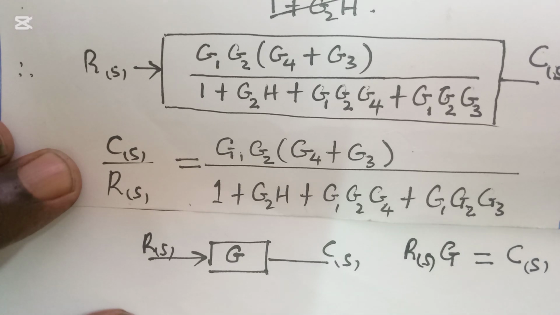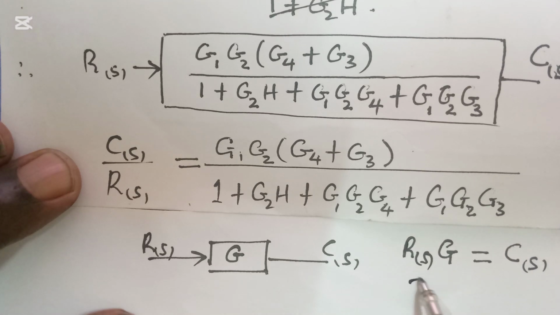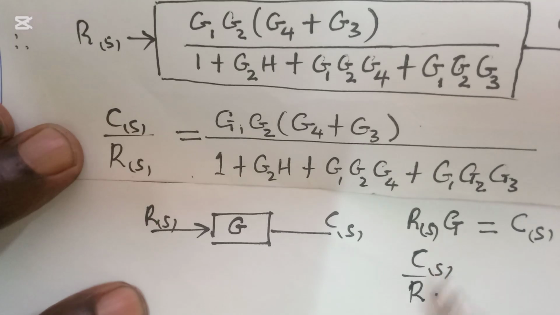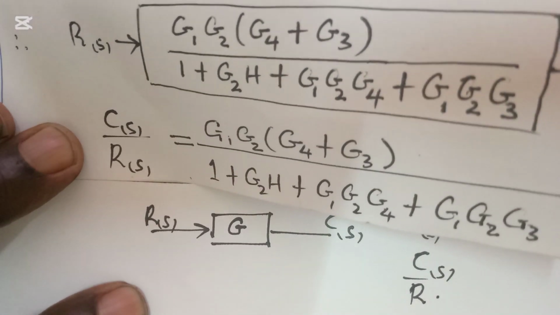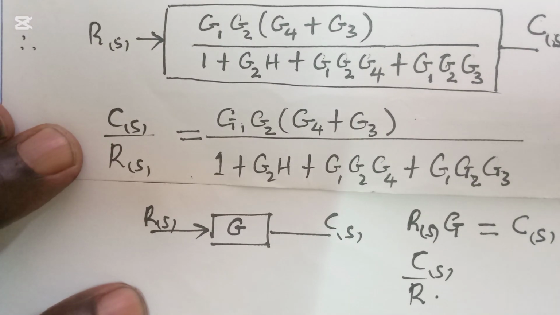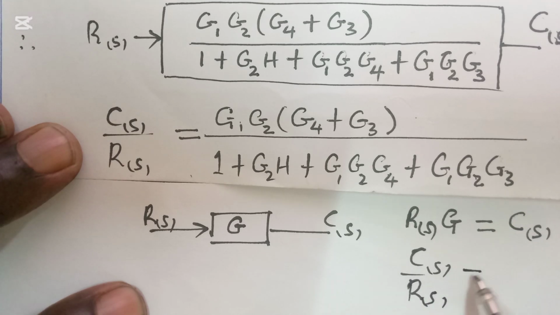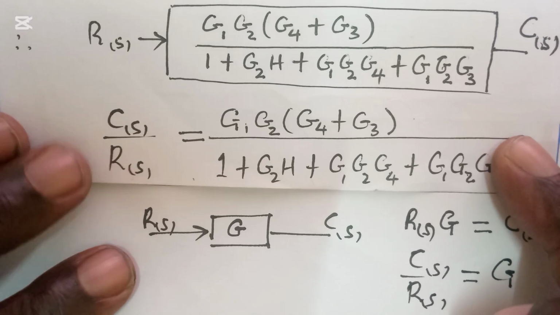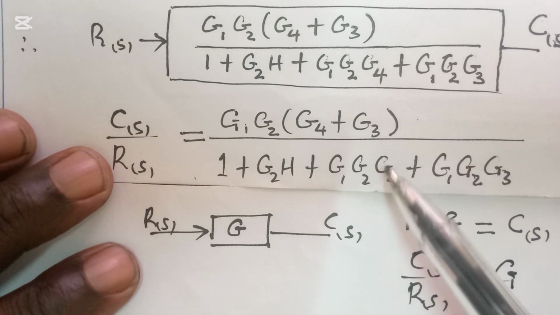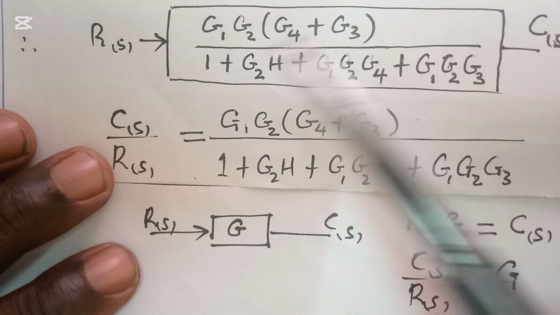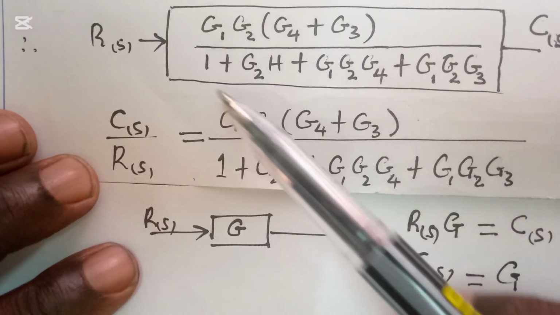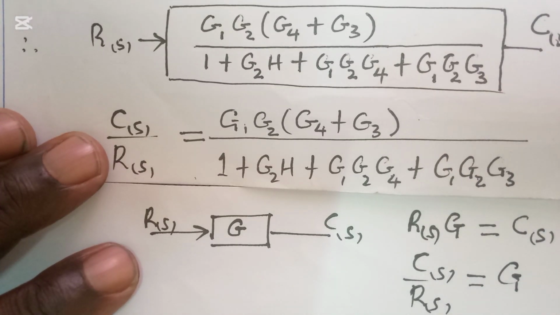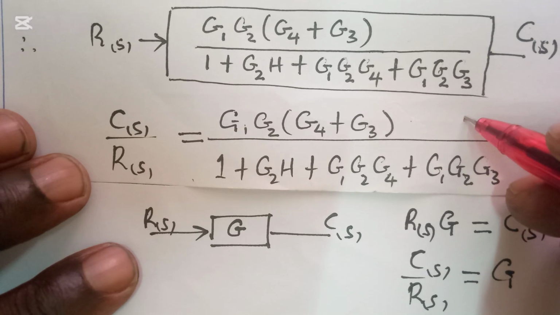Therefore, if you bring R(s) to this side, C(s) all over R(s) will give us G. So guys, that's what we have done. It's similar to this: once we have this C(s), you divide by R(s), and this is what you get. And so guys, this is our transfer function.